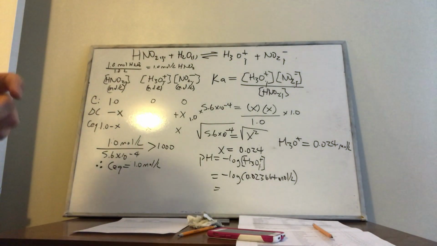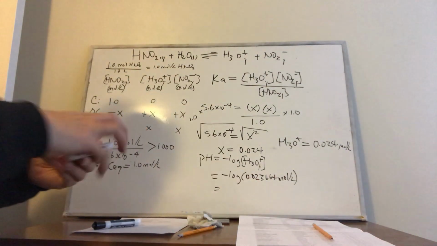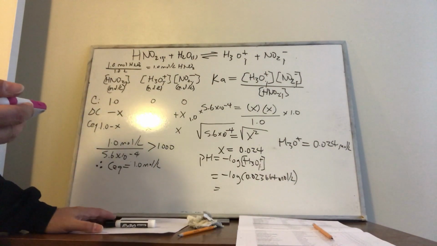Use a round bracket, 0.023664. I'm going to put extra digits here. And I put units. You could just write down 0.024 as long as you use the correct number from your calculator.